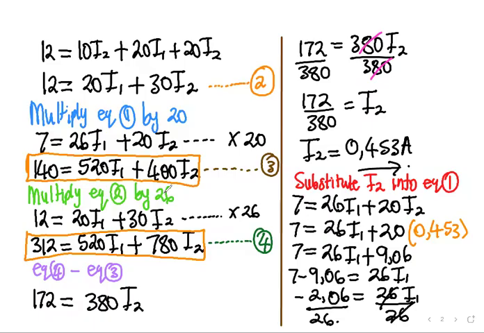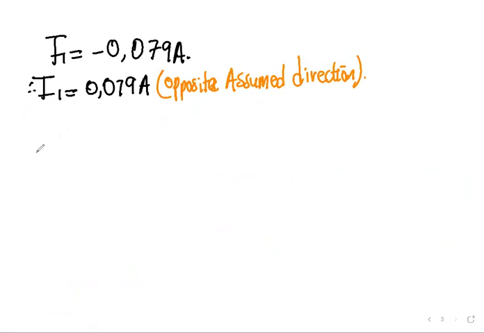So here we are having I1, we are also having I2. So the current through our load resistor, I'm gonna represent it as IB. So IB is our current through the load resistor.